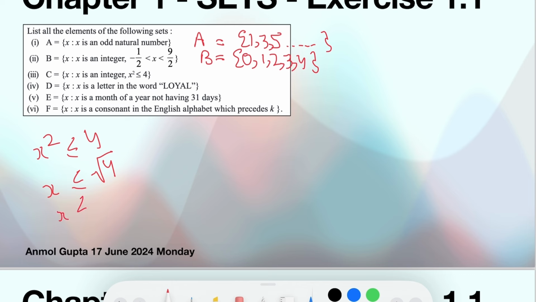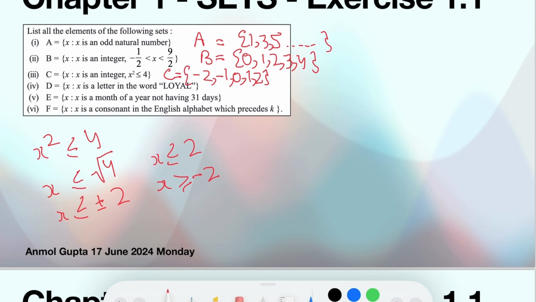So x is less than equal to plus minus 2. So x is less than 2 and x is greater than equal to minus 2. So C is equal to minus 2, minus 1, 0, 1, 2.